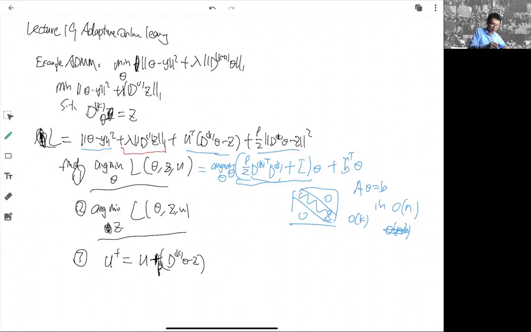Notice that you have a term that depends on z, a linear term that depends on z, and a quadratic term that depends on z, but with an identity matrix in front of z. If you combine the second and third terms and do some manipulation, you can see that this becomes a prox operator with respect to this function.